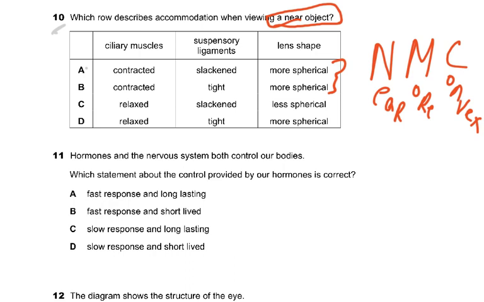Now what happens to the ciliary muscles? The ciliary muscles will contract, because they're holding the lens. And the suspensory ligaments become loosened, so they become slackened. That is why the answer is A. But you need to revise this, look at my video again. I explained that in my previous videos on this chapter, which is the new syllabus.